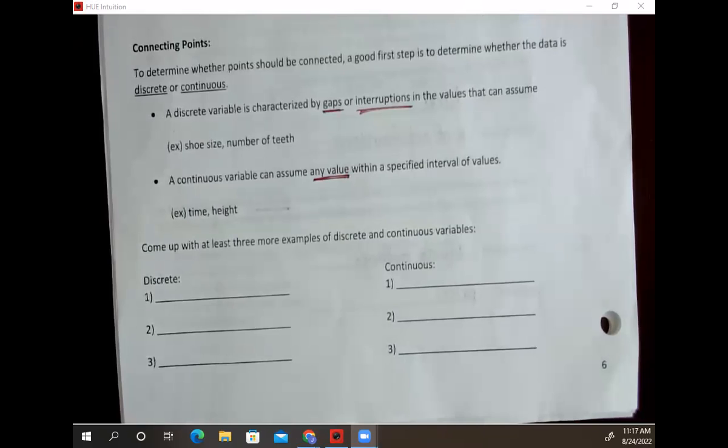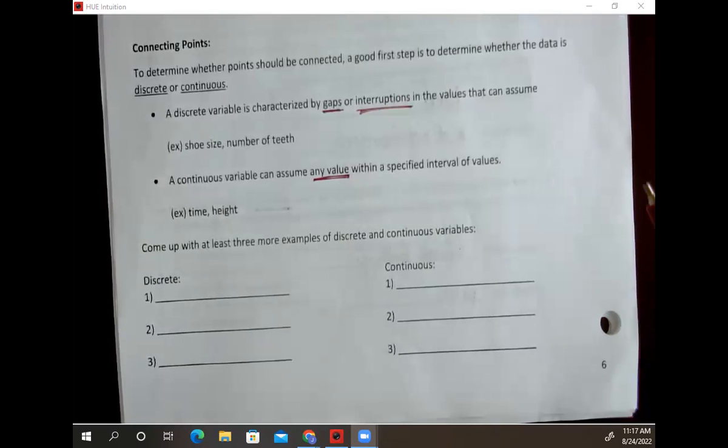Or if we broaden it to minutes, I can have a minute, a minute and a half, a minute and 7 seconds, a minute and 7.02 seconds. I can get as specific as my stopwatch will allow me to get. So that's why time would be a continuous variable. It can be any value. I don't have hard limits where I'm going to jump between numbers. It can be anything in between the values that I'm working with.